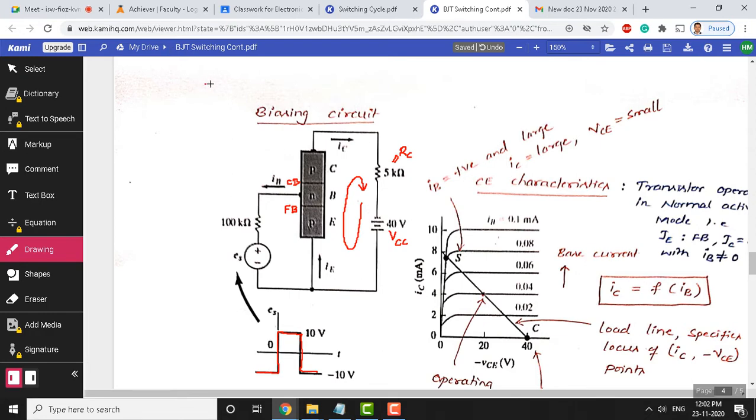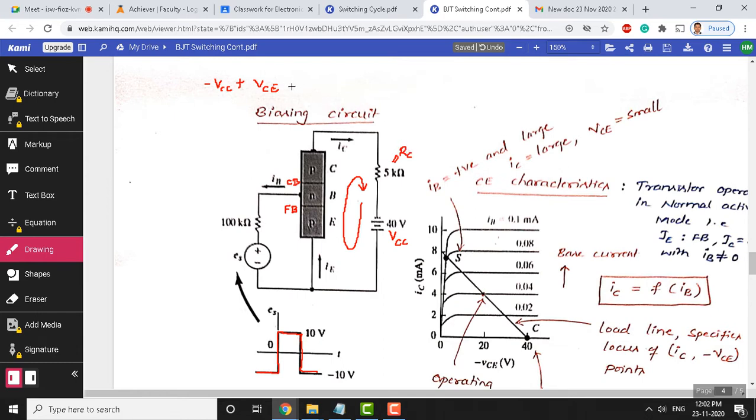So, KVL equation is minus VCC plus the voltage across the collector and emitter of the transistor as we move in this path. So, the voltage here is VCE, plus VCE. That is the voltage across collector and emitter of a transistor, and when we pass through this loop, we have a resistance of 5 kilo ohm. Current through this resistance is IC, and the resistance value is RC.